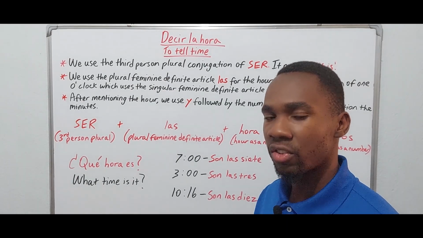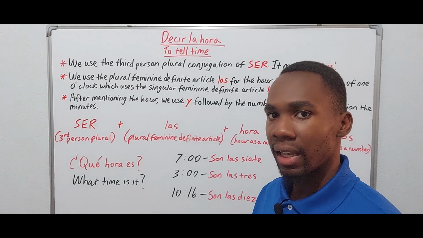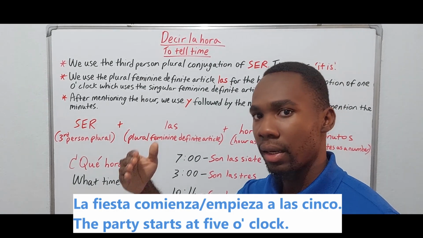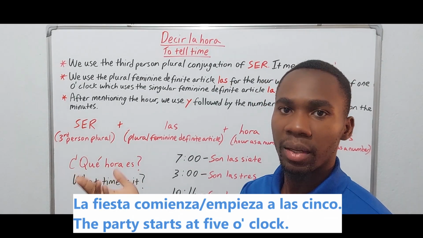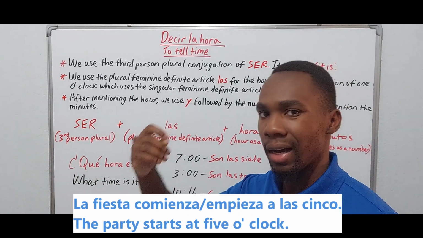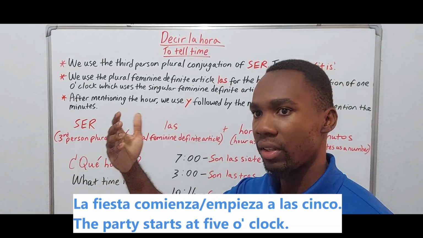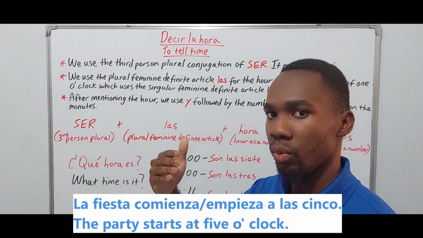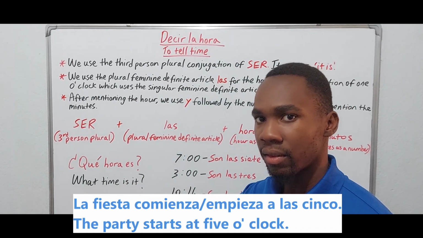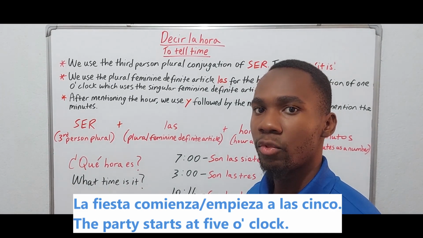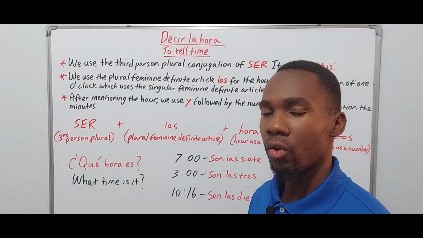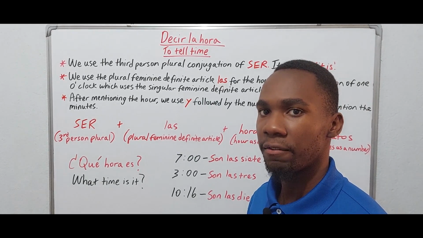So in our answer, we would say la fiesta comienza. Yeah, comienza or empieza, same thing. And then we mention the time. You know, the article las 5. So the party starts at 5. ¿A qué hora comienza la fiesta?